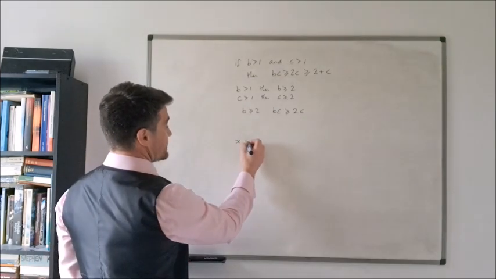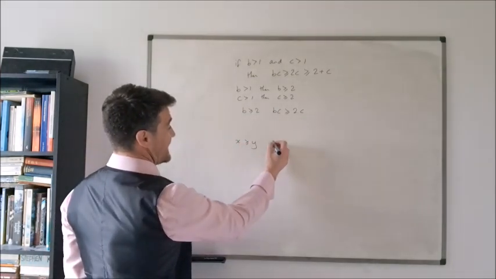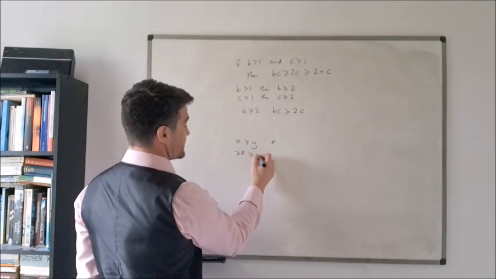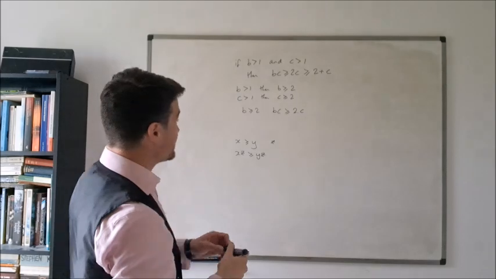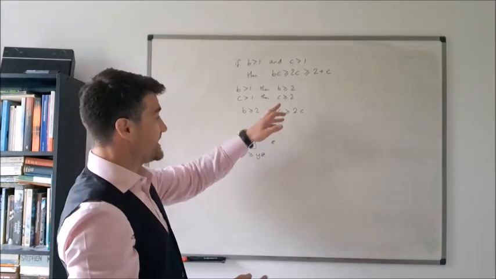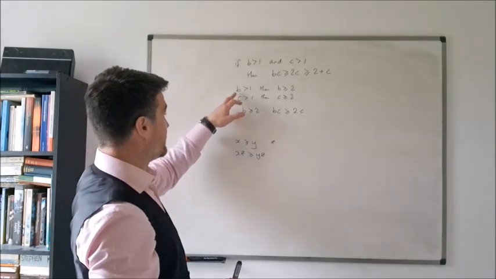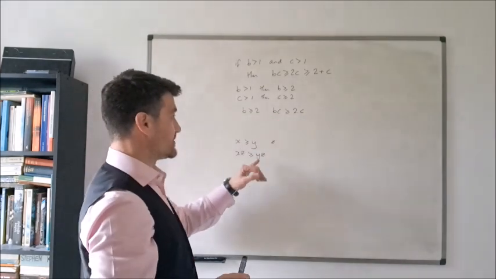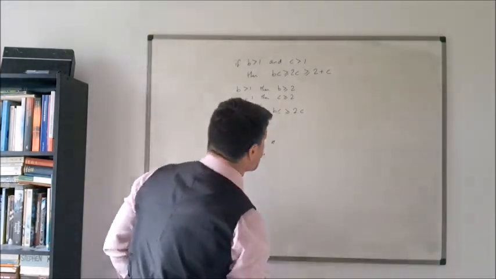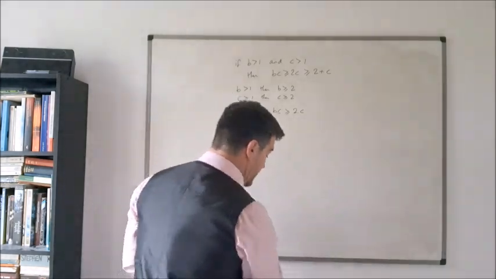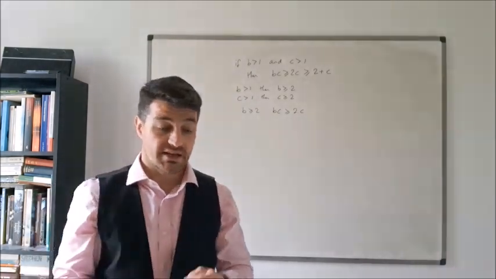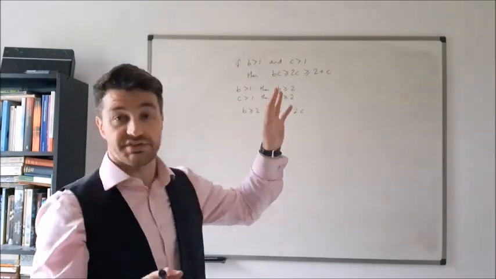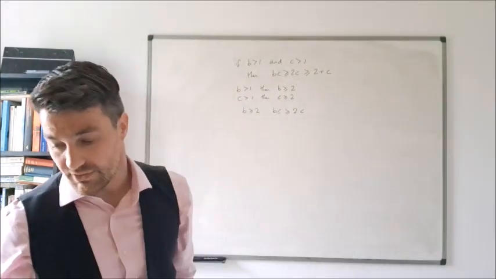If I know that X is greater than or equal to Y and Z is a positive number, then X times Z is greater than or equal to Y times Z. I'm using the same idea here. I know that C is a positive integer, and I know that B is greater than or equal to 2. Therefore, B times C is greater than or equal to 2 times C. Don't ignore these seemingly basic properties of numbers and inequalities.